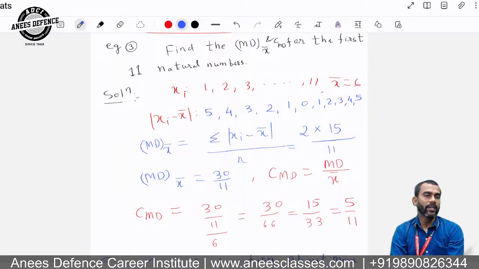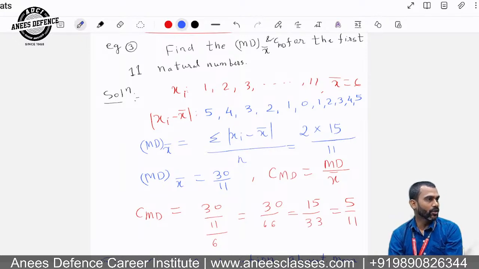If I ask you what is mean deviation about median, so what would be the median? Median would be the middlemost value. Numbers are in AP. Yes or no? Symmetrical data is there. Number of observations are also odd. So 1 plus 11 upon 2, that is sixth observation, that is 6 only.